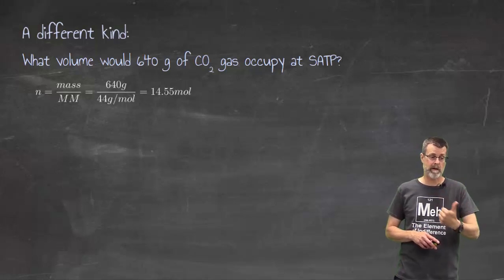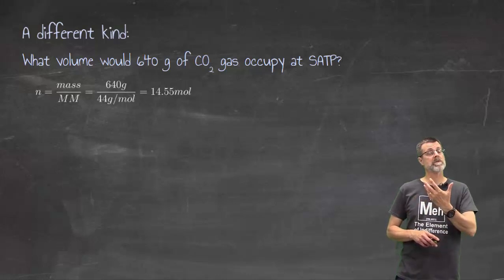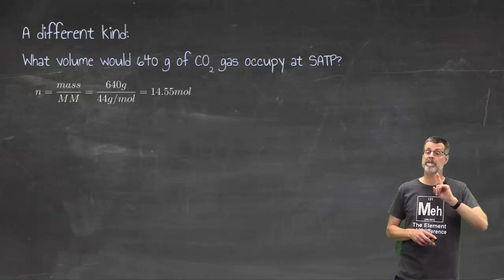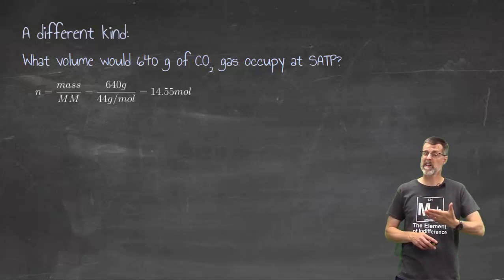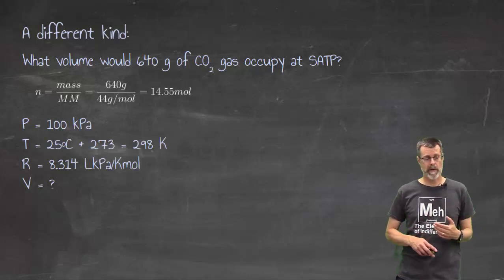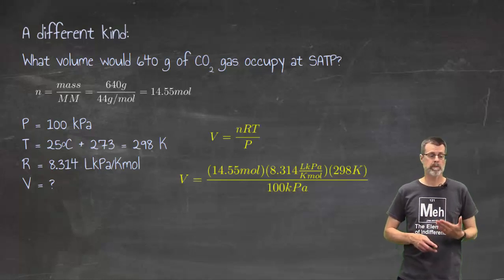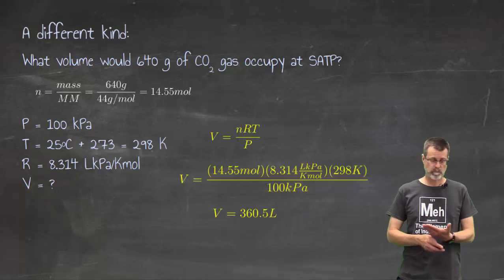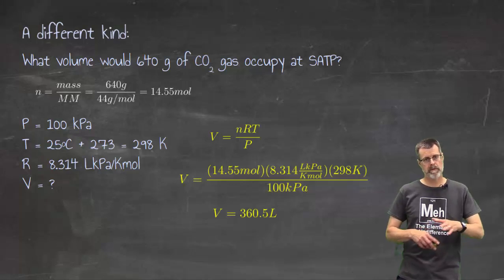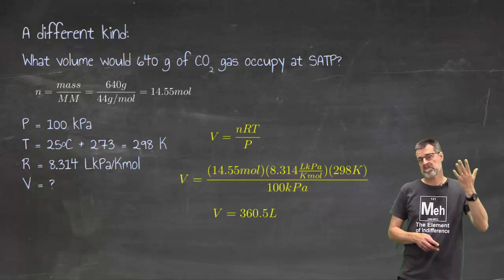I have a mass, which doesn't help. I have R, I have pressure, and I have a temperature. I don't have a volume, that's what I'm being asked for. I also don't have a number of moles, but I can find the number of moles because I have a mass and I have a chemical formula: mass over molar mass. Everything else I know, I put that into the formula solving for volume, and I end up with a volume in liters. Too easy.